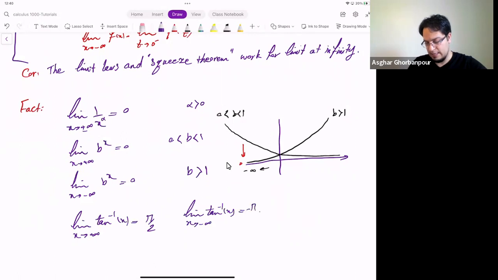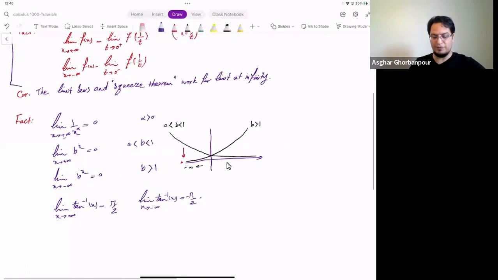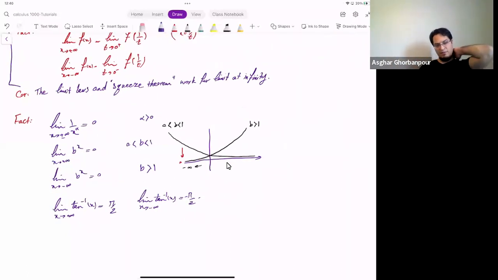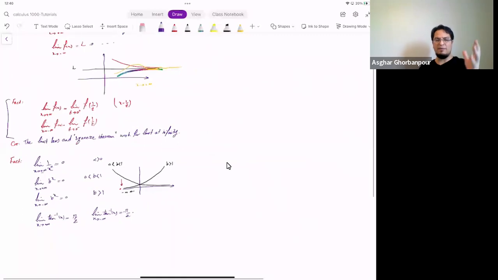So this is a very fast review of the facts involved in limits at infinity. As for the naming, just keep in mind we have infinite limits. That's when x approaches a number, but the result is infinity.